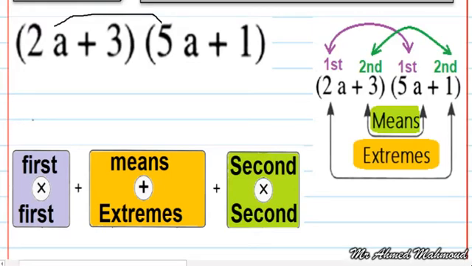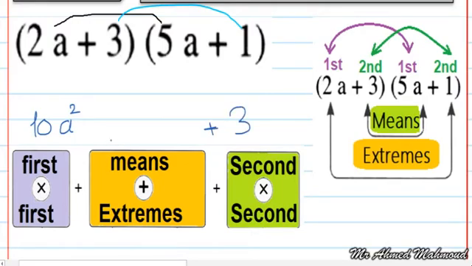It's equal 5 times 2 equals 10, and a times a equals a to the power of 2. Okay, then I'm going to multiply the second by the second, 3 times 1, which is equal positive 3. Okay, and we are going to leave a space and write it here, positive 3.